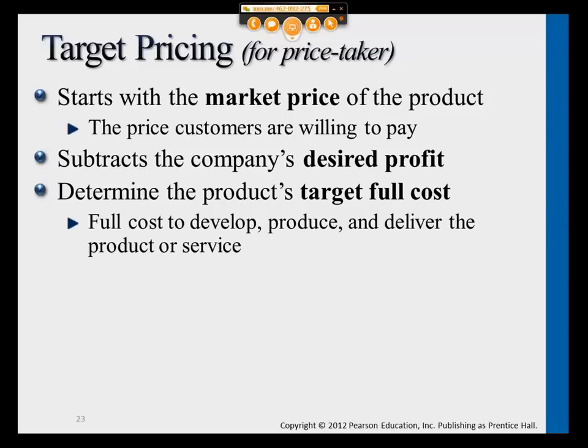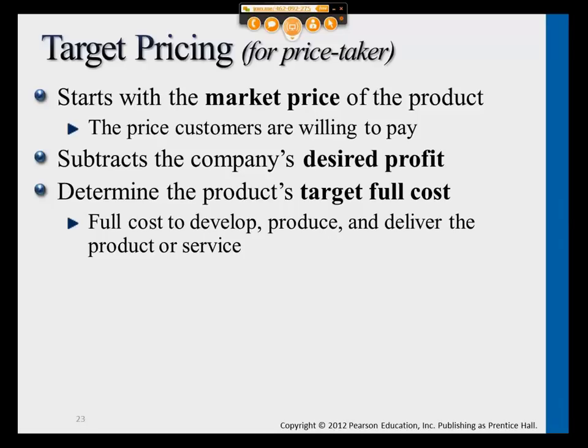Because we're price takers, there are plenty of other businesses out there with a very similar product. So we're going to look at their prices and survey the market to see what price our customers are willing to pay.